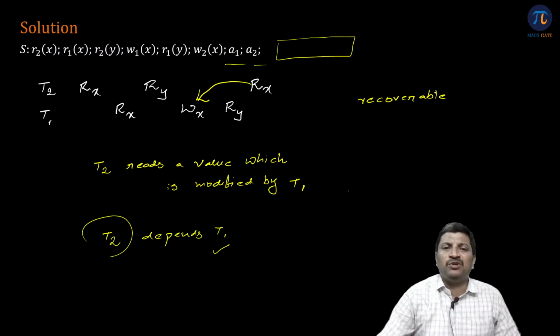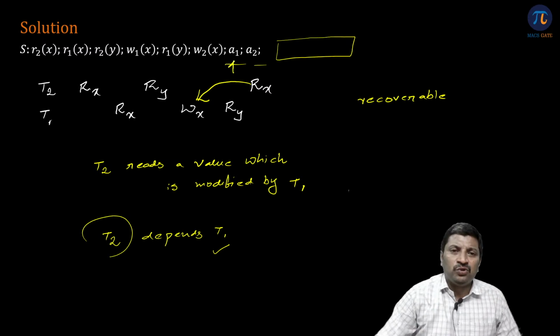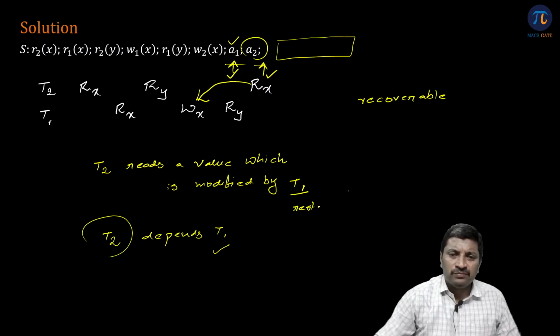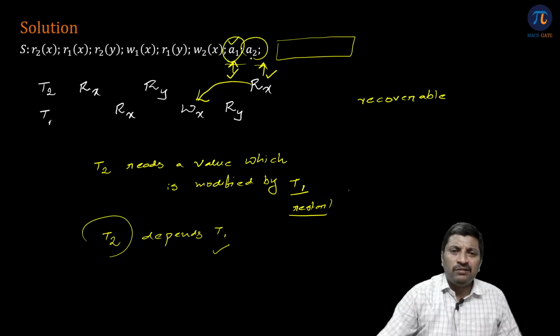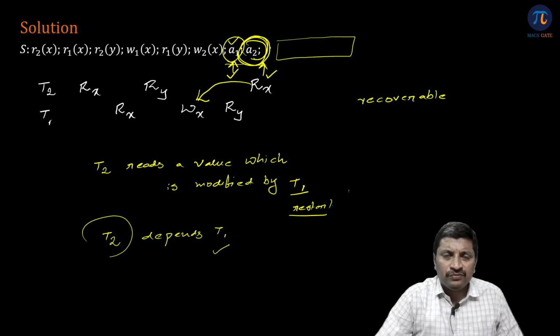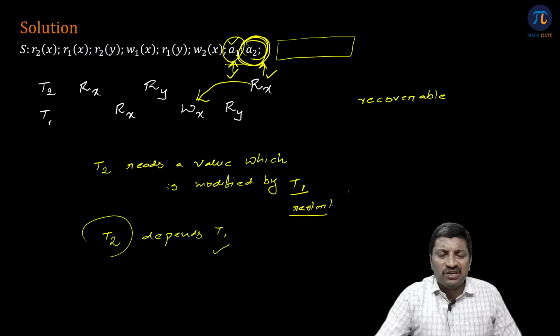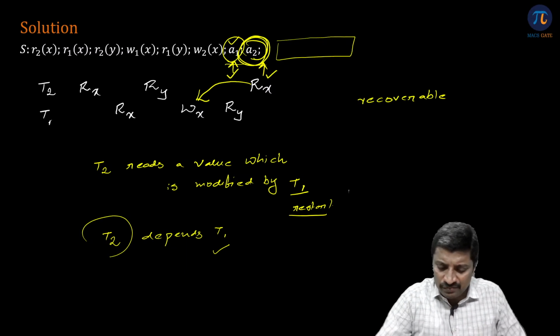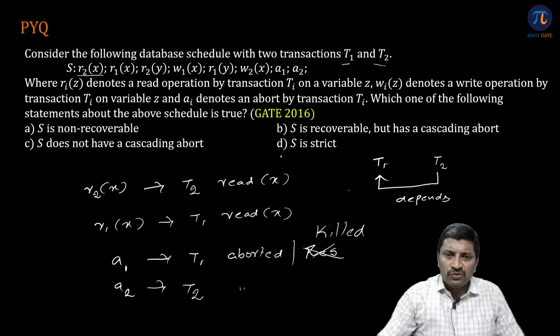It is recoverable. Why, sir? Whenever T1 is restarted, here you restarted, right? Then T2 also has a possibility. He can also restart. Am I right, sir? So it is recoverable. We don't have any other information. So where is it, sir?